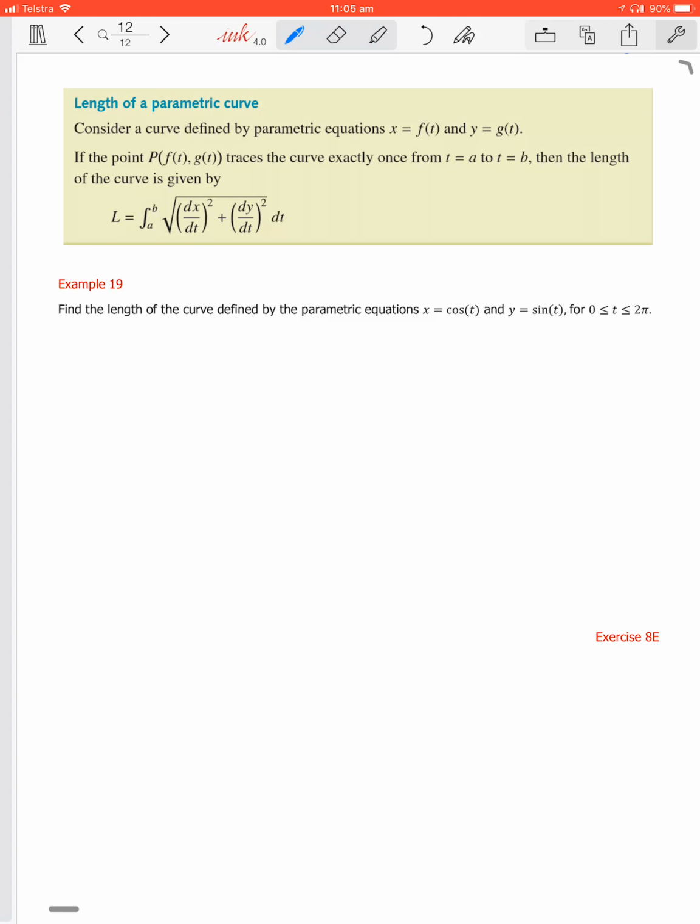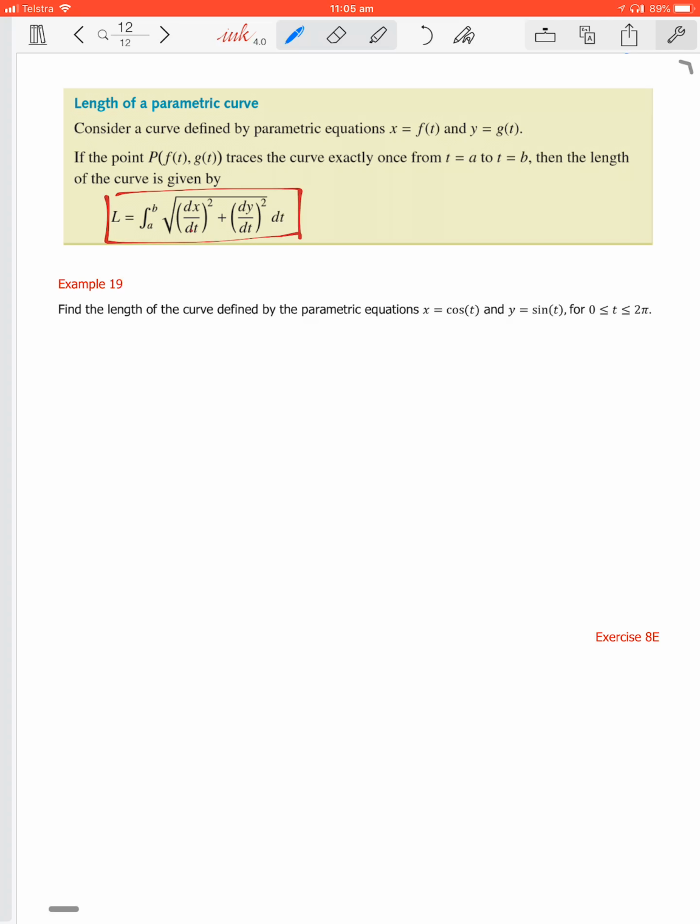If we have a parametric curve, so I've got our x components in terms of f of t and our y components in terms of g of t. If we know the values of t and we know what x and y are, it's pretty much the same formula, but it's the change in x over the change in t squared.